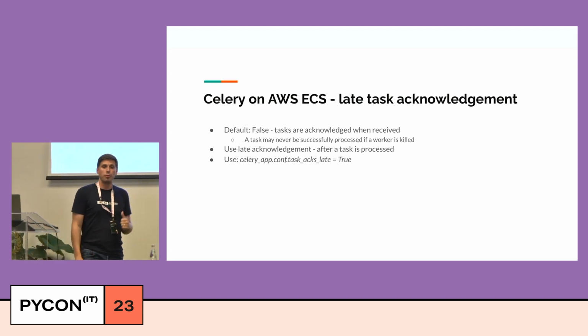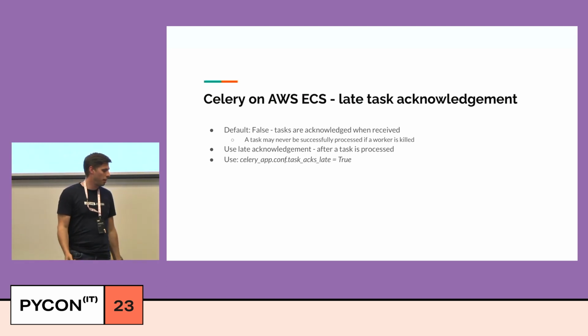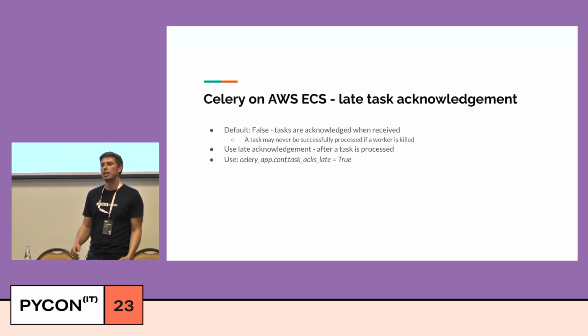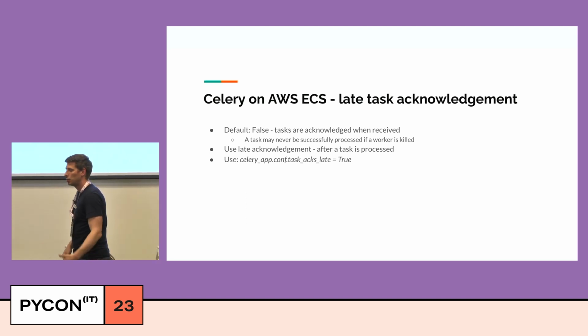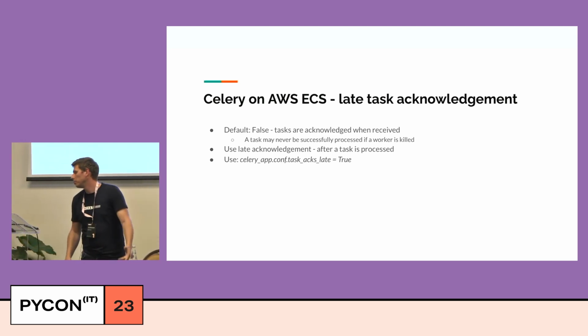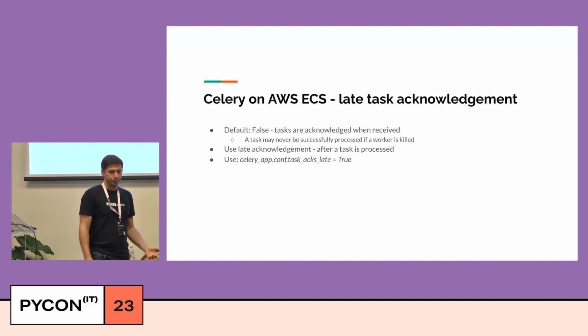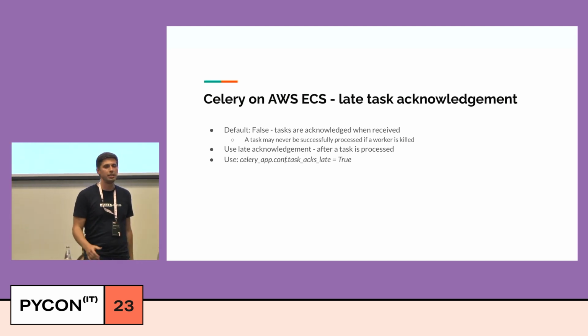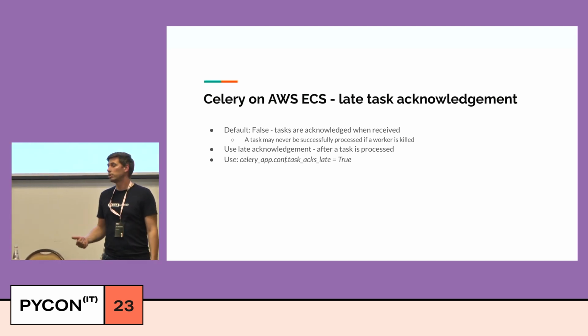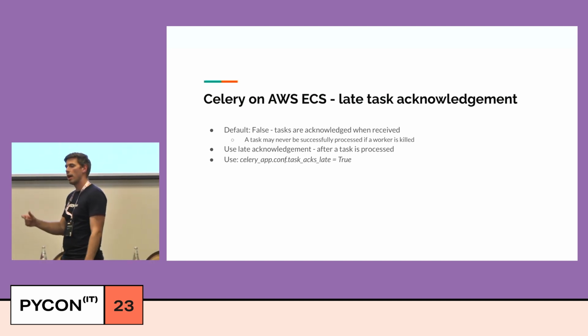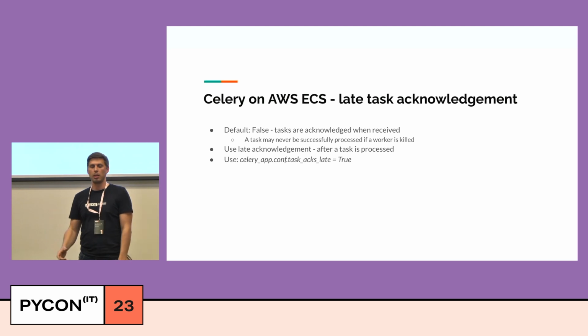So how do we configure our Celery workers to make sure that we don't experience these issues, or that we control them and are not affected by these problems? First thing is late task acknowledgement. By default, this is set to false, which means that tasks are acknowledged when workers receive them.